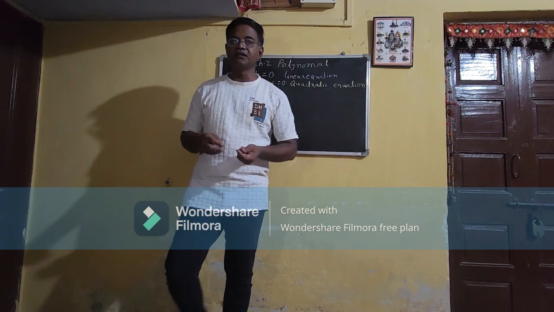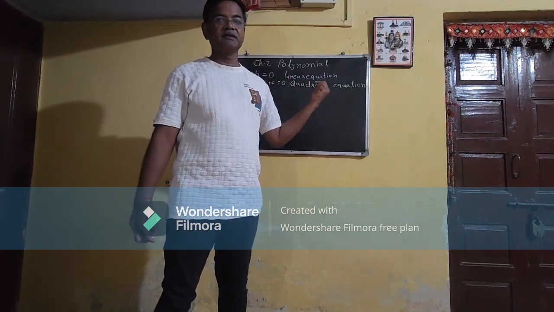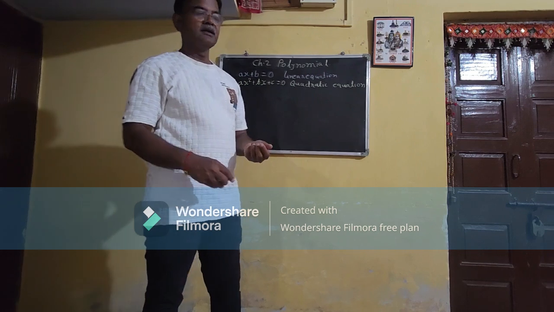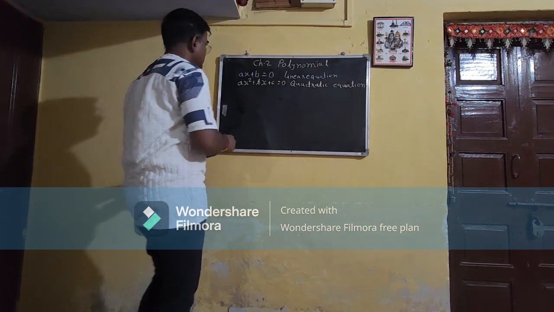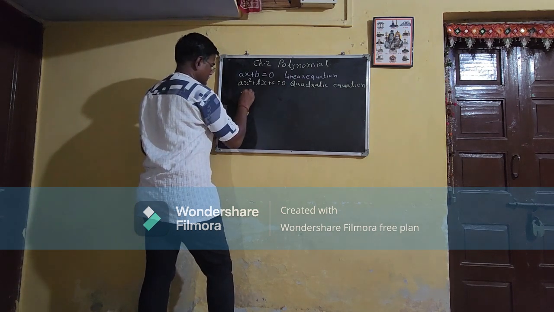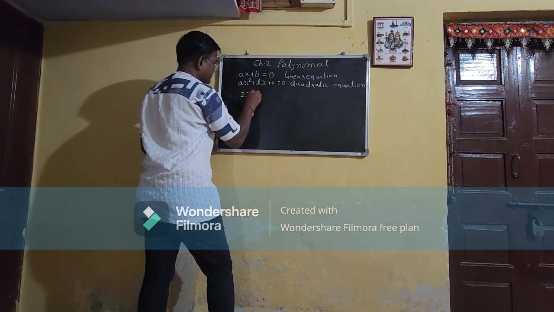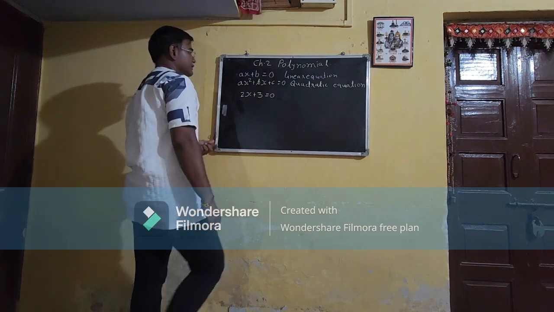Some usages of these polynomials and quadratic equations. Graphically, we are doing, suppose, 2x plus 3 is equal to 0.